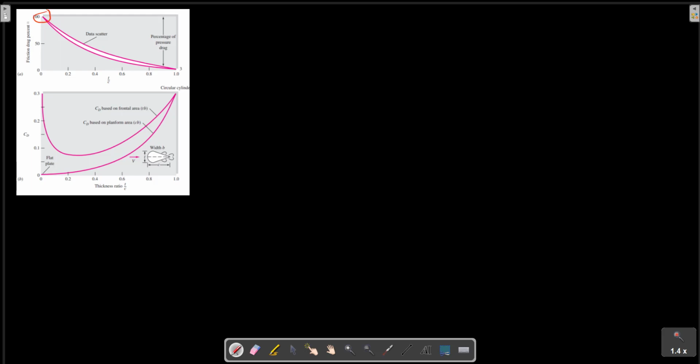This is the friction percentage of the total drag. We have pressure plus the drag from friction. This is at the 0 point, zero thickness.